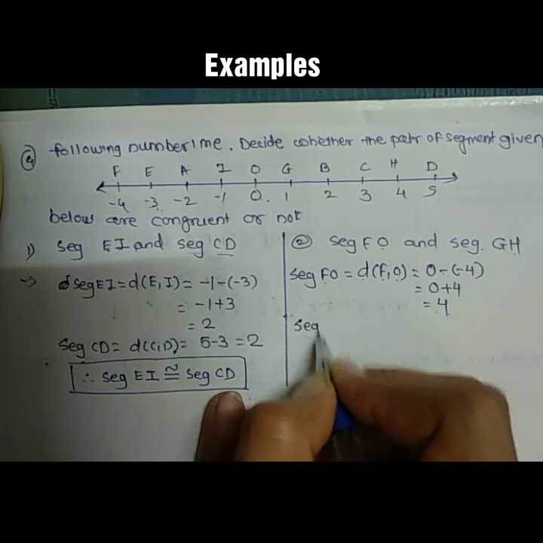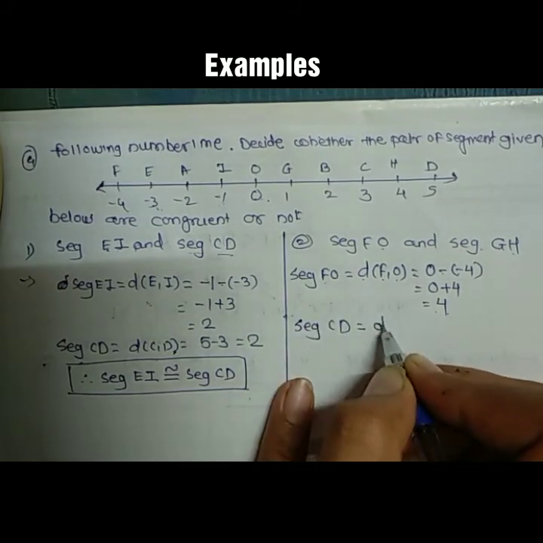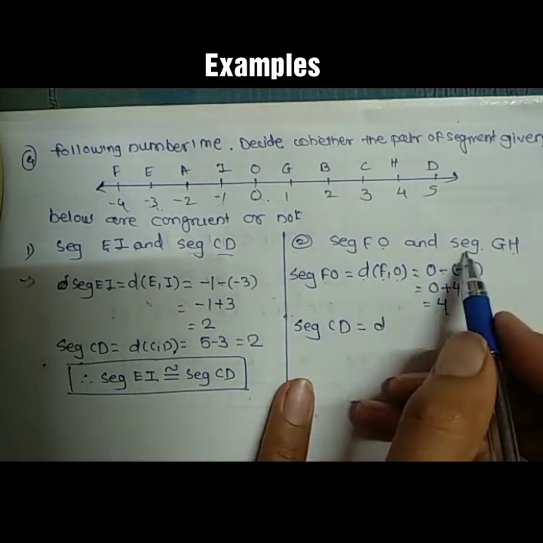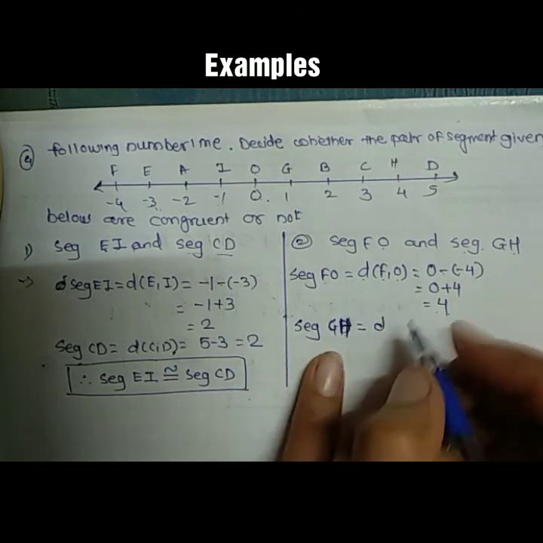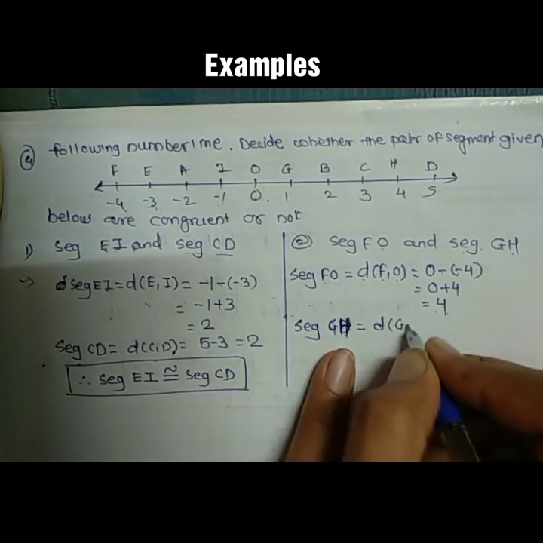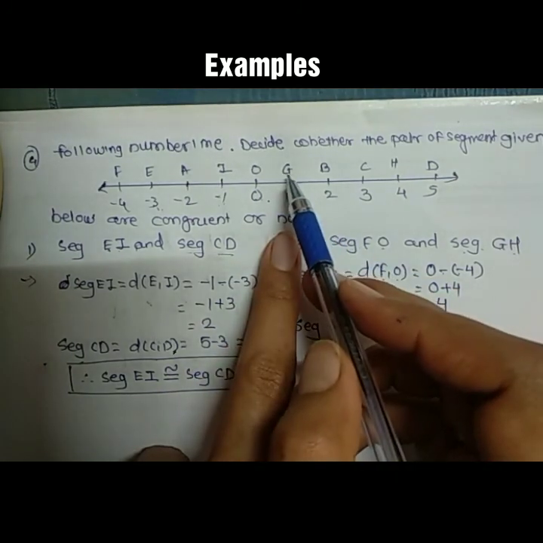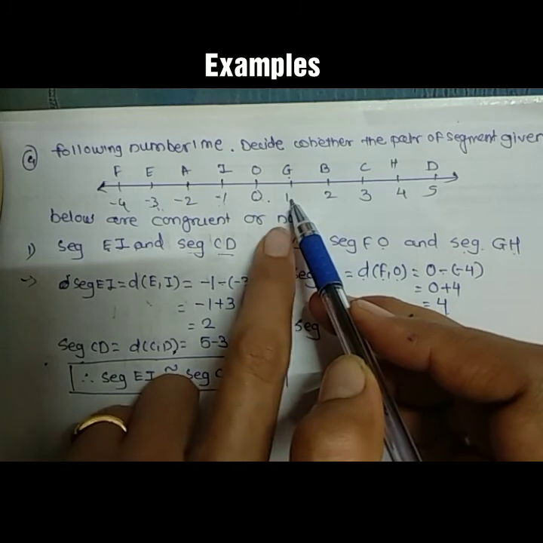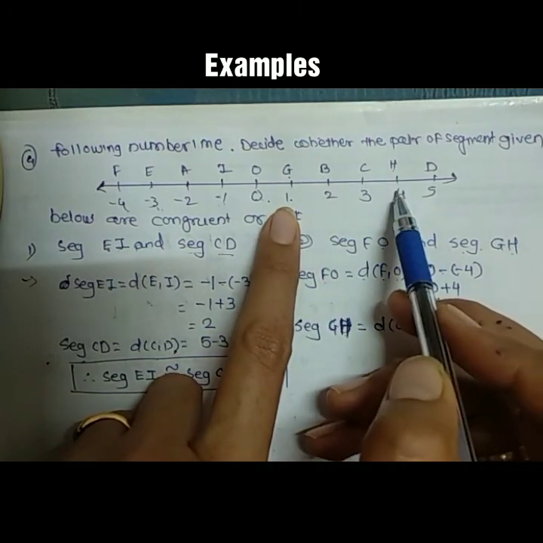Now find out segment GH. Segment GH means the distance of GH. Here the coordinate of point G is 1 and the coordinate of point H is 4.